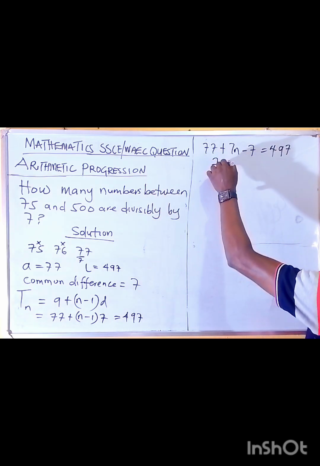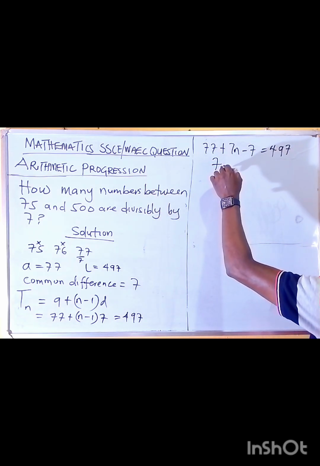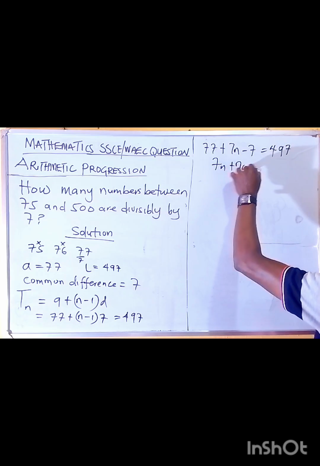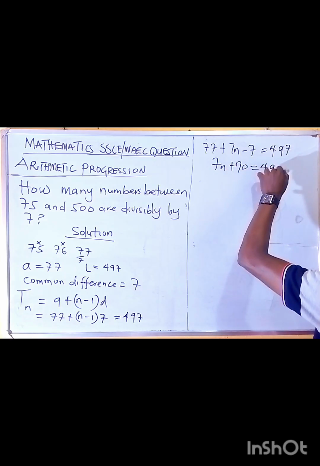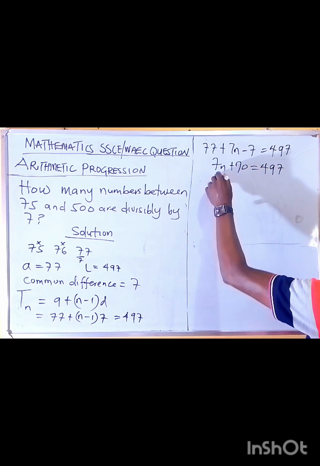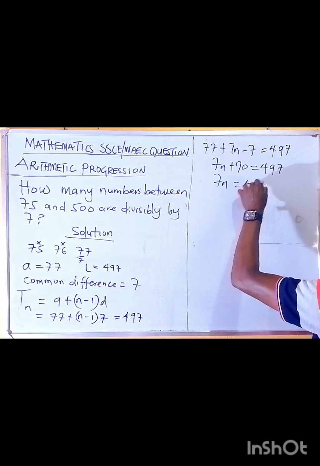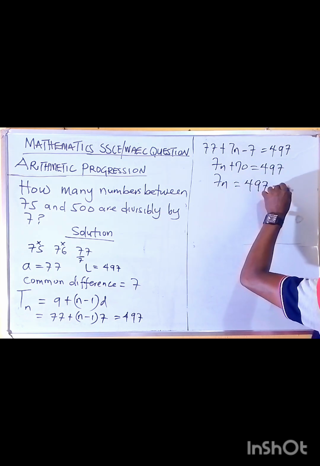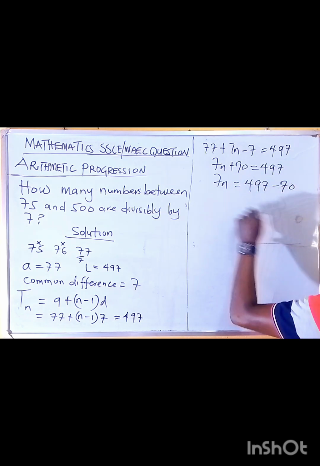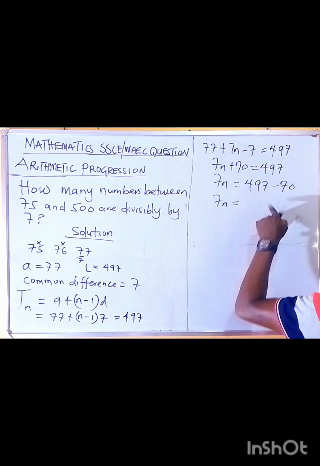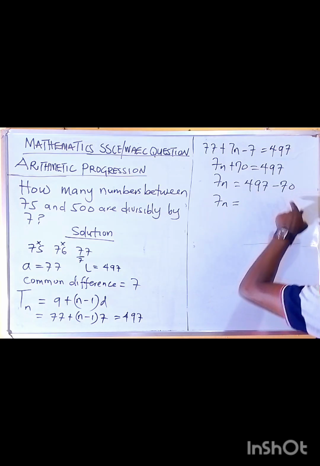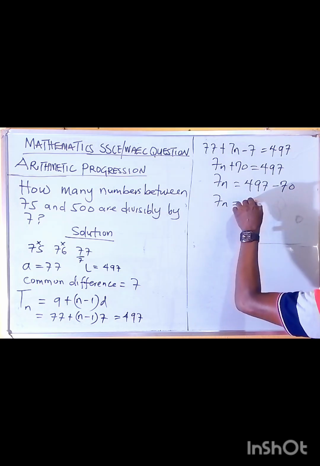So I now have 7n plus 70 is equal to 497. Therefore, 7n now is equal to 497 minus 70.